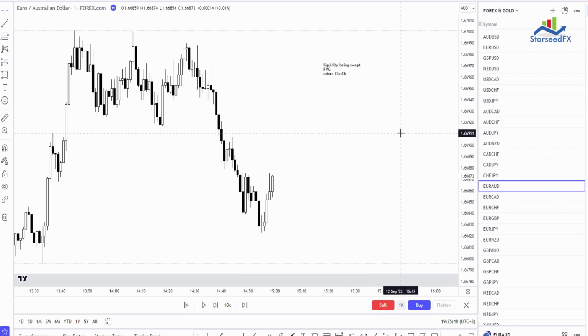Before placing a pending buy or pending sell, we need to make sure that we have our checklist setup confirmed: liquidity being swept, a fair value gap, and a minor change of character, or CHoCH. Okay, so let's move on and see the moment we receive the alert and how we're going to trade it.